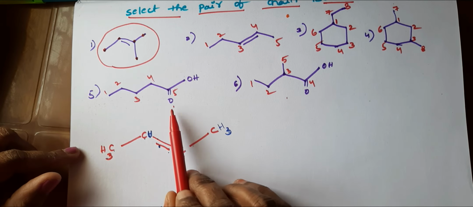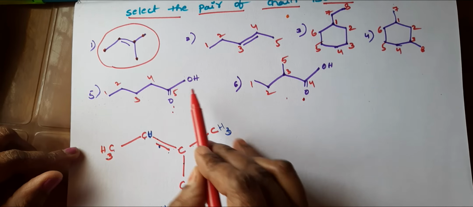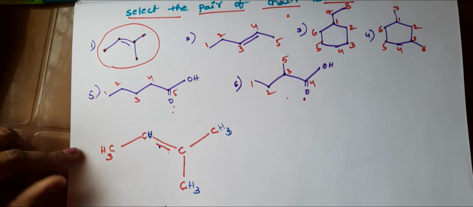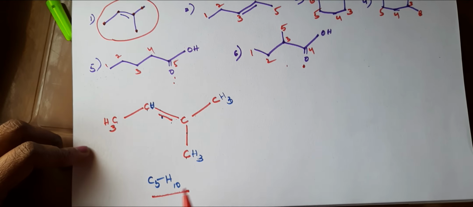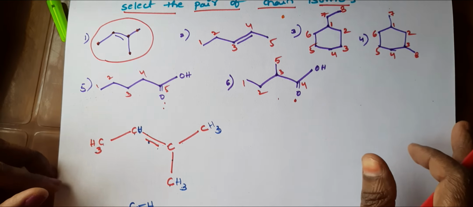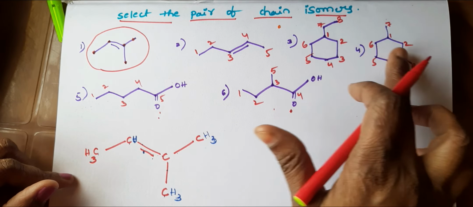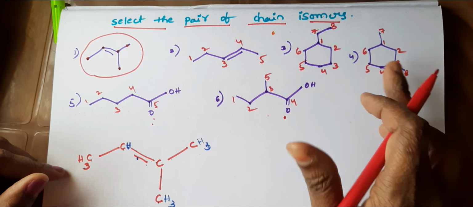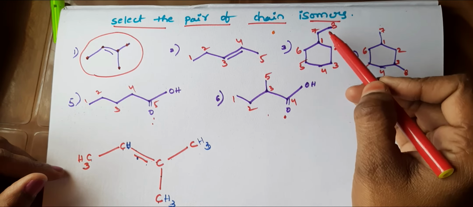These two are not the chain isomers, because in these they have oxygens. But in our molecular formula, we don't have oxygen here. So only carbons and hydrogens. So we have to choose the structures which have only carbons and hydrogens. These 4 structures only have carbons and hydrogens. Coming to these two, they have 8 carbons.